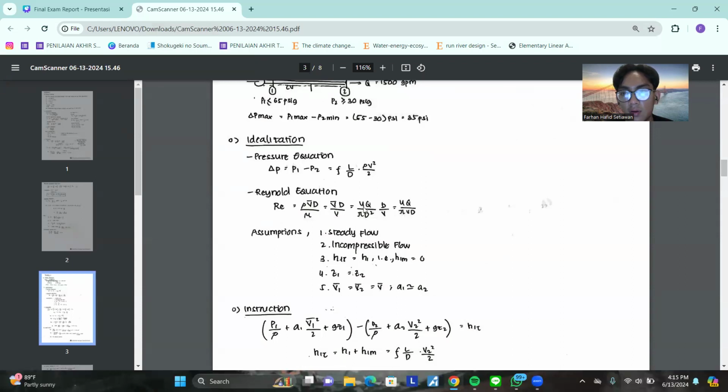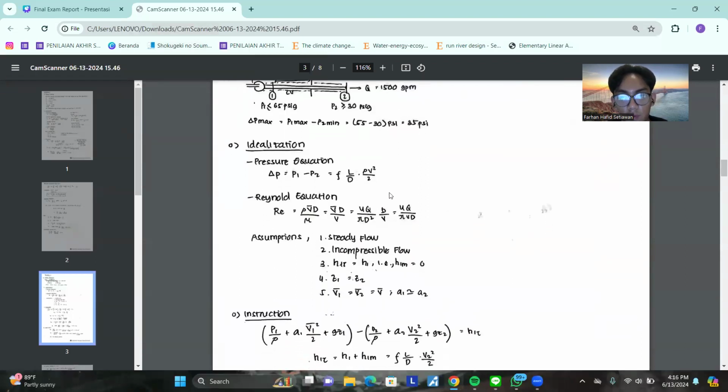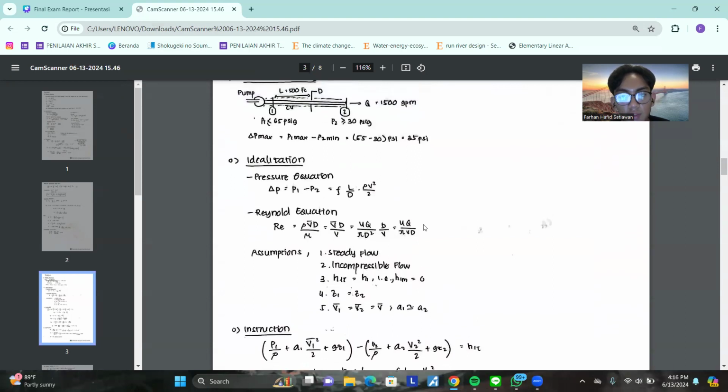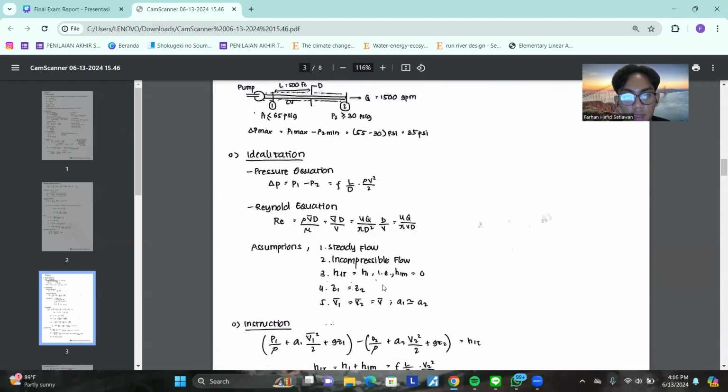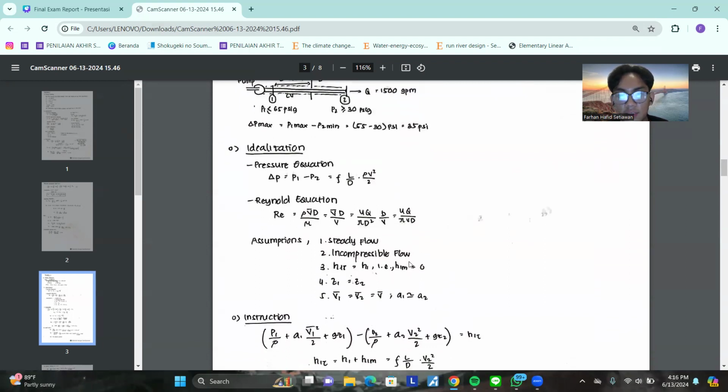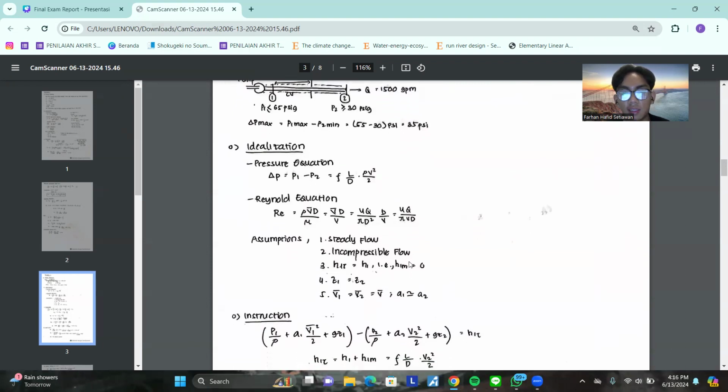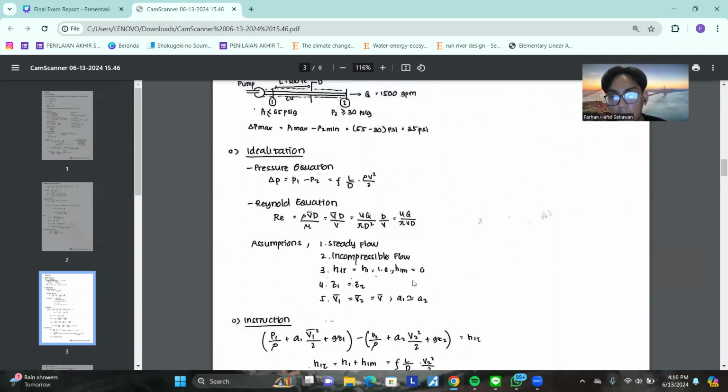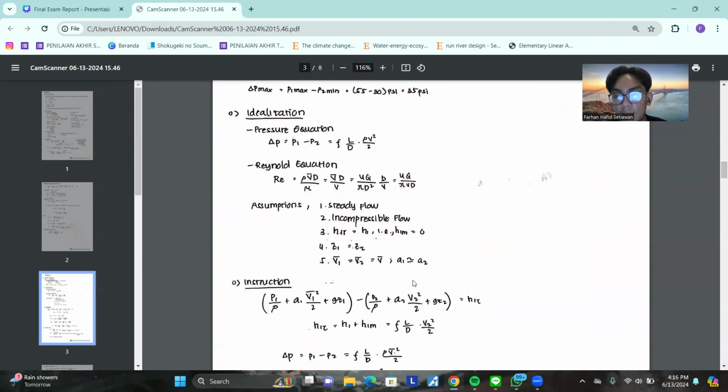We conclude that the Reynolds equation in this problem is 4Q per pi times nu times D. Okay, the assumptions based on this question are: steady flow, incompressible flow, Z1 equals Z2, and the velocity at 1 equals the velocity at 2, so the velocity at 1 is approximately the same as at 2.